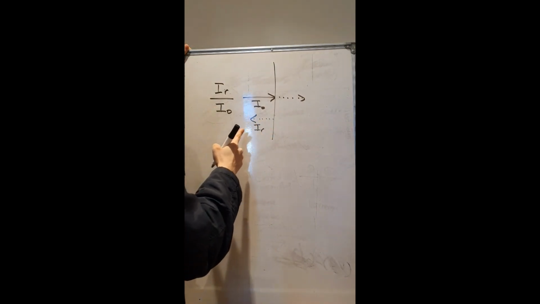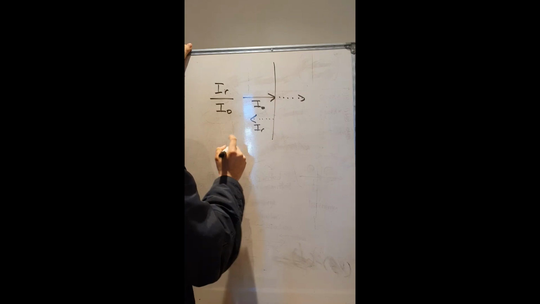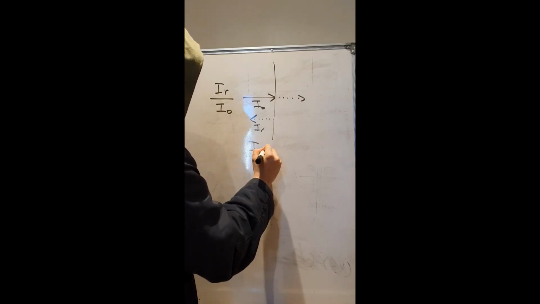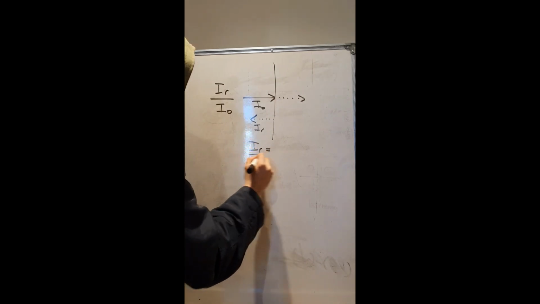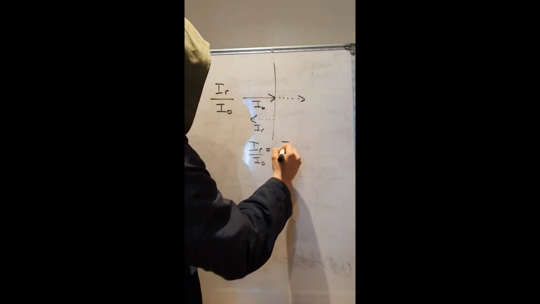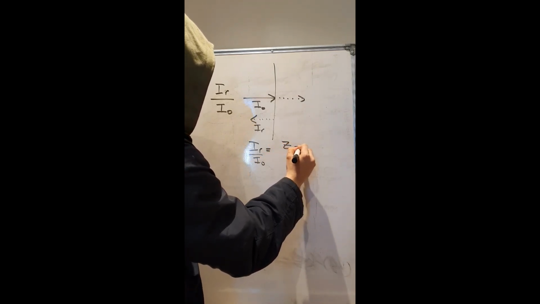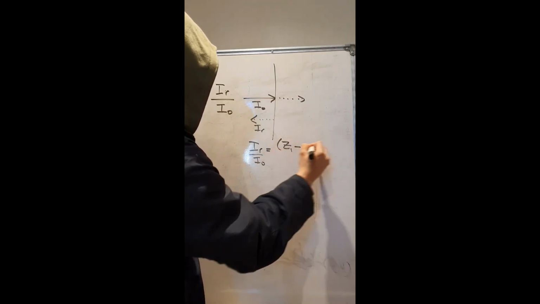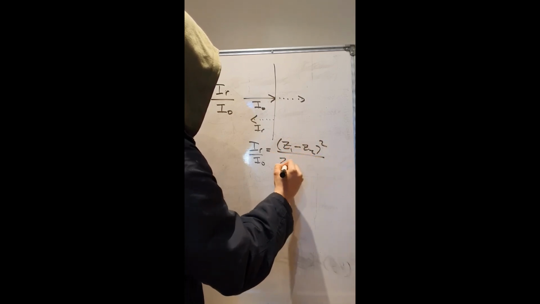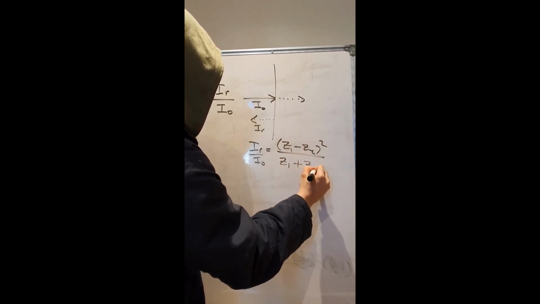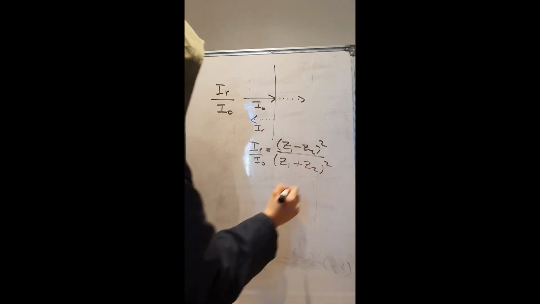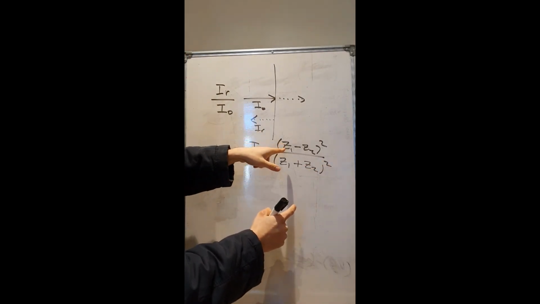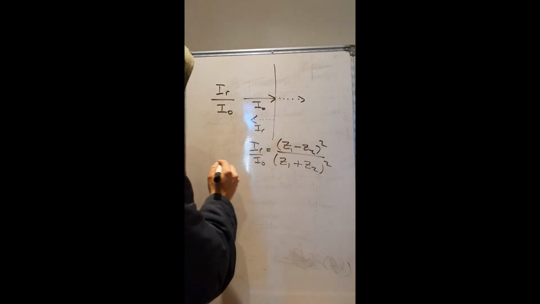Now, the equation is IR over I naught is equal to Z1 minus Z2, squared, over Z1 plus Z2, squared. Now, Z is the acoustic impedance.